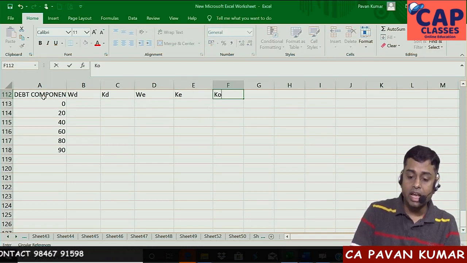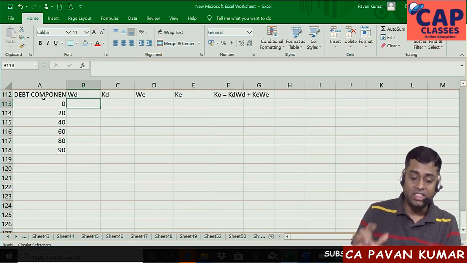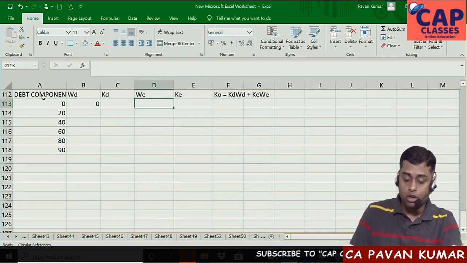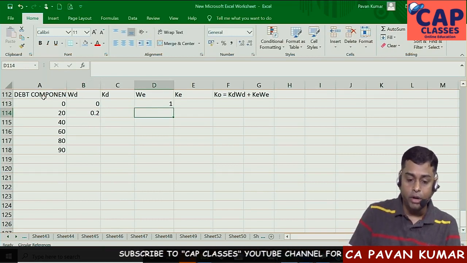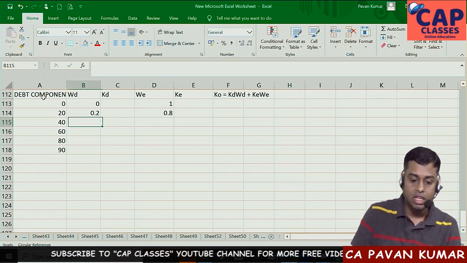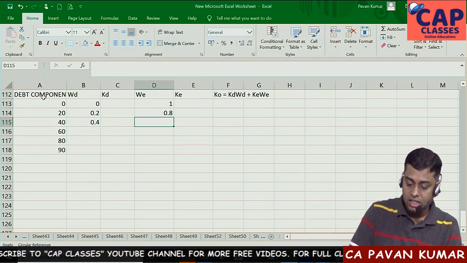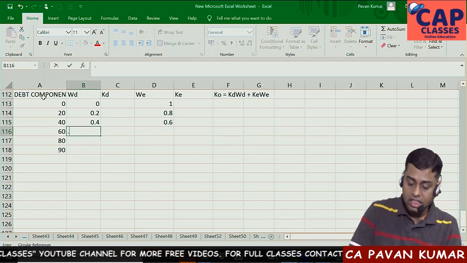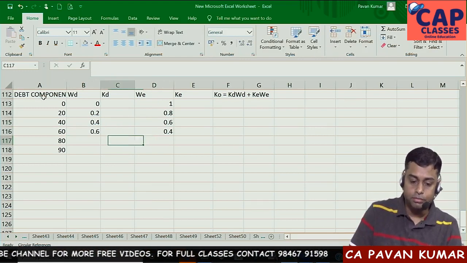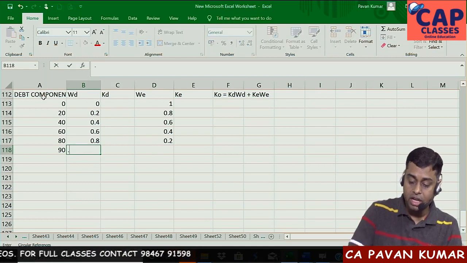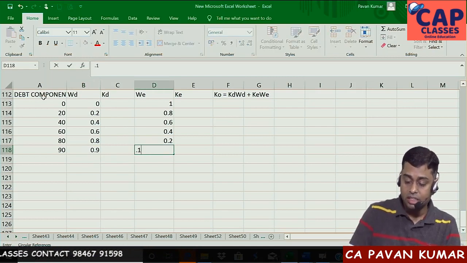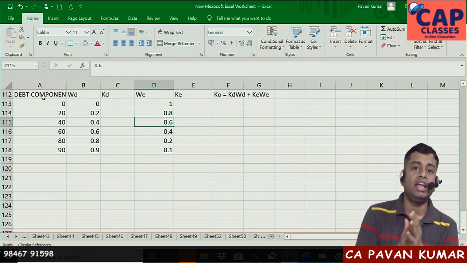Then KO is equal to KDWD plus KEWE. So what is weight of debt here? 0. If weight of debt is 0, weight of equity is 1, because total weights must always be equal to 1. So here this is 0.2, therefore it is 0.8. Here this is 0.4 and this is 0.6. Here this is 0.6 and this is 0.4. 0.8 is weight of debt and 0.2 is weight of equity. Here 0.9 is weight of debt, so equity is 0.1. You understand how we calculated weights and all.